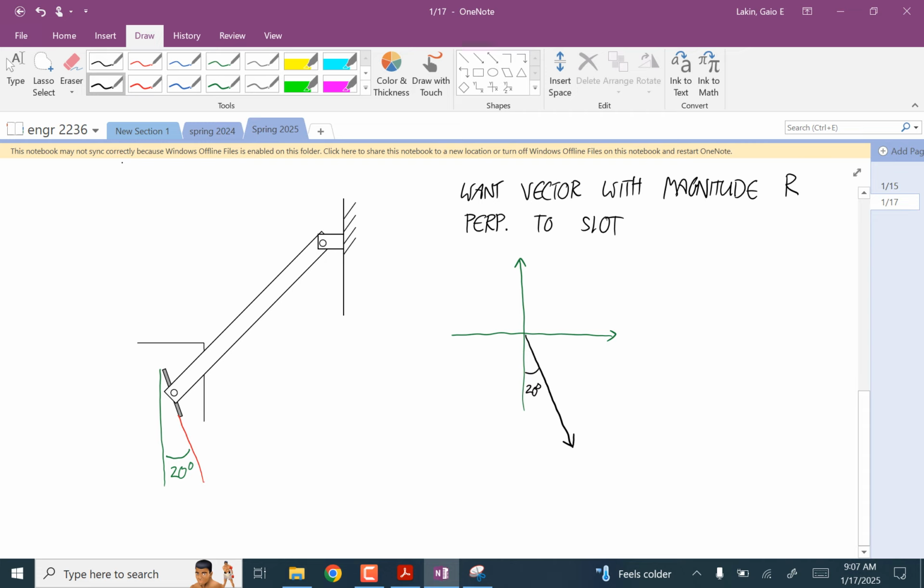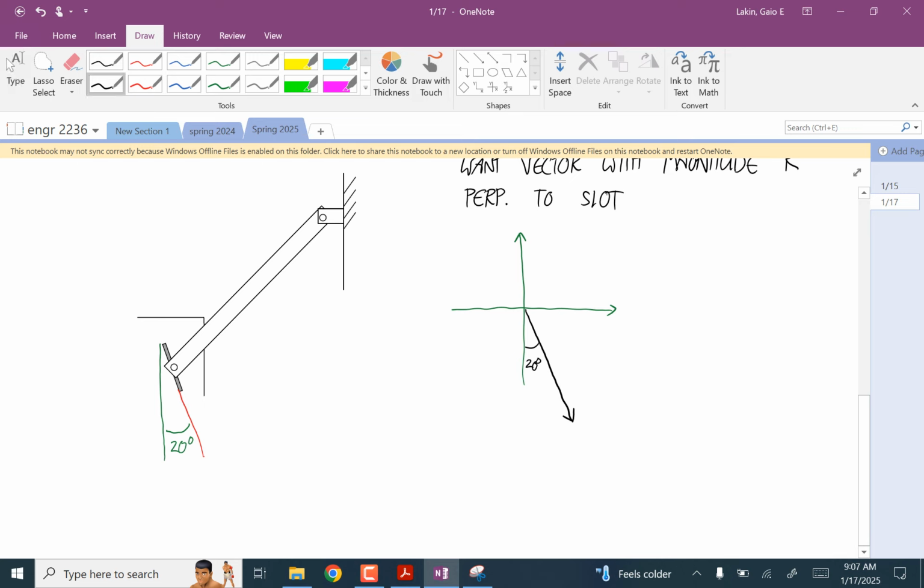Okay? And now we want a vector that's perpendicular to that. There's two vectors perpendicular to this black vector. One goes to the upper right and one goes to the lower left. It doesn't matter which one you choose. I'll choose this one. Since it's perpendicular, we know this angle is 90 degrees.